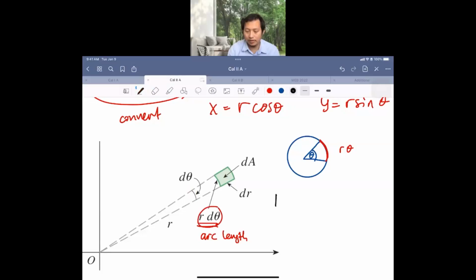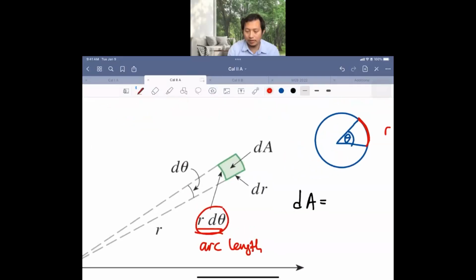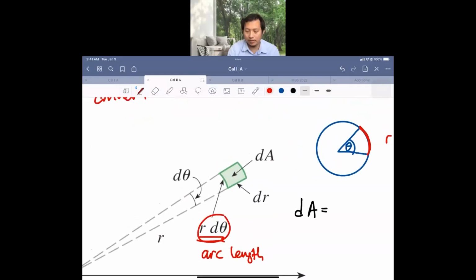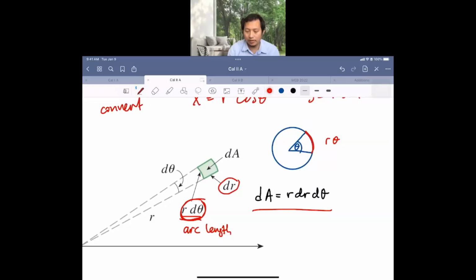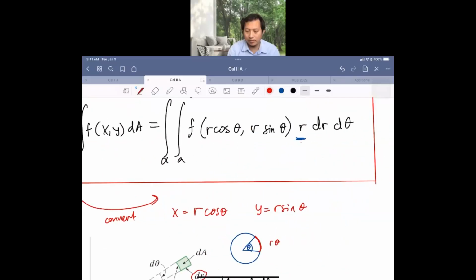Now, what happens to dA is, if we imagine this as a rectangle, then we are multiplying dr with r d theta, which means that this is practically similar to what we have in the formula here.